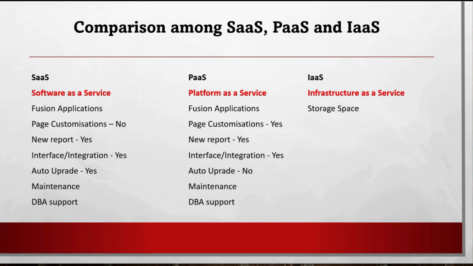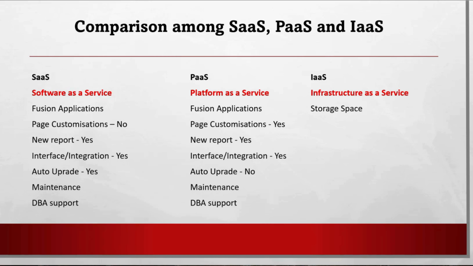Let's say there is a requirement of the client to have only access to the applications. Then what are the options he can have? His requirement is only to access the application. Yeah, SaaS, he can go for SaaS.